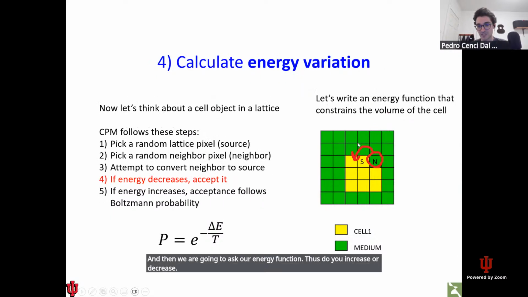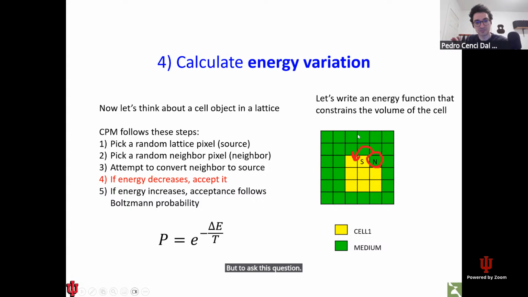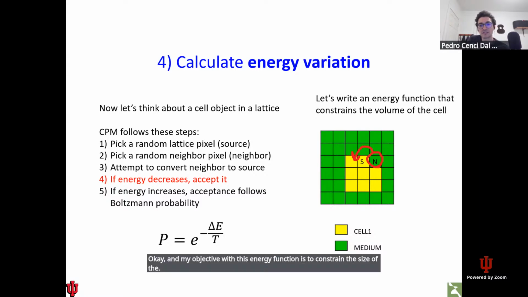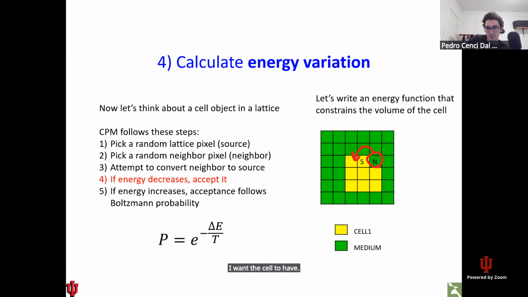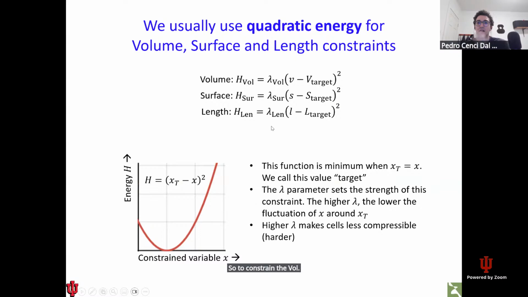But to ask this question, we have to define an energy function. So to start with, I'm going to use the volume of the cell to define a very simple energy function. My objective with this energy function is to constrain the size of the cell. I want the cell to sustain a certain volume over time. So to constrain the volume of the cell, I am going to use a quadratic energy function.